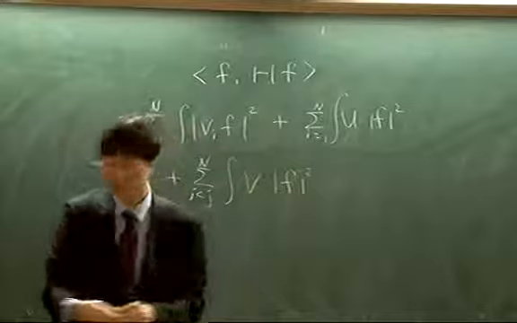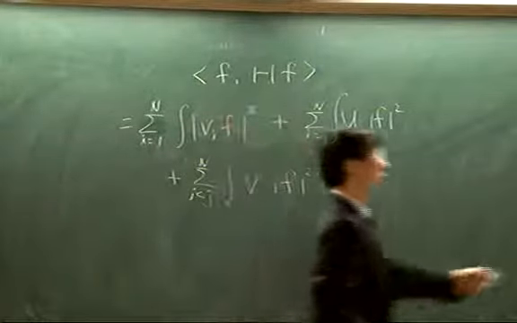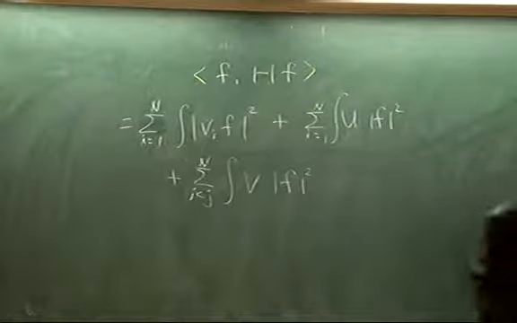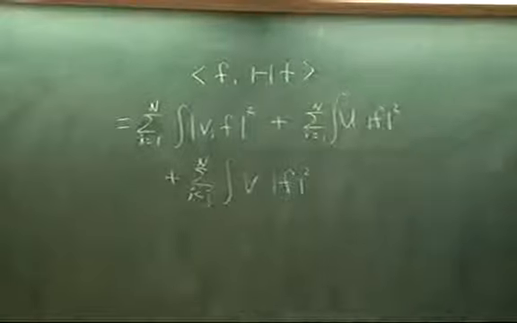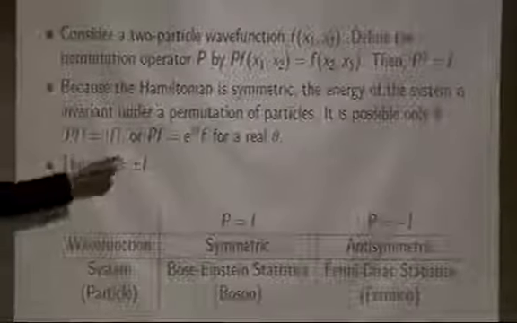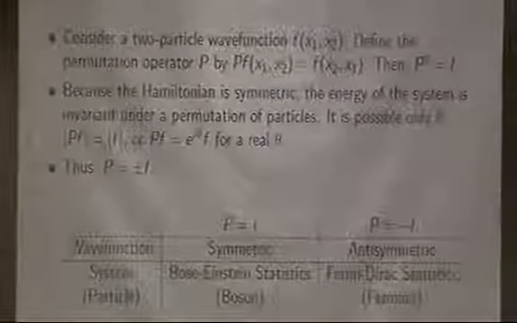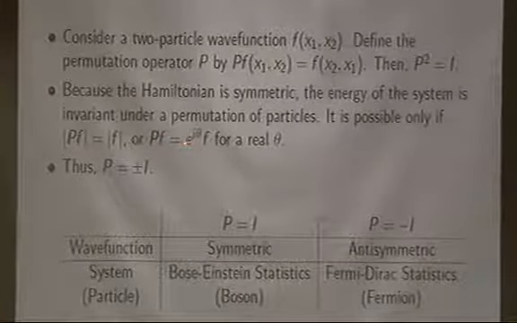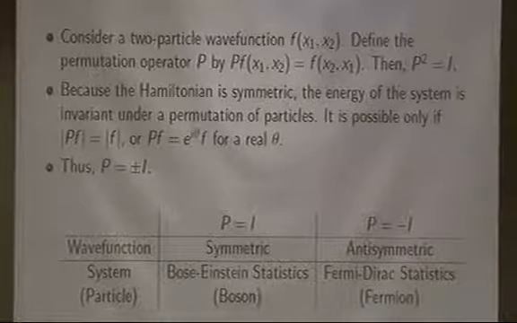Which means this Pf does not necessarily have to be f, but it can contain a small factor like e to the i theta. So Pf can be e to the i theta times f for real theta, because in this case the absolute value of f is always the same.